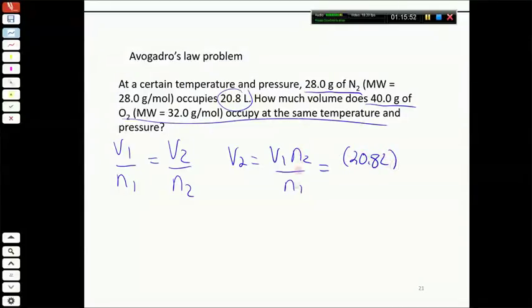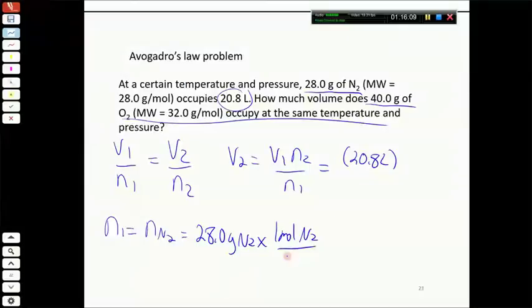And we just need the two numbers of moles to figure out what the volume of the sample of O2 is going to be. So N1 is for the nitrogen, which has a volume of 20.8 liters. That's going to be 28 grams of N2 times 1 mole of N2 per 28 grams. So that's 1 mole of N2.